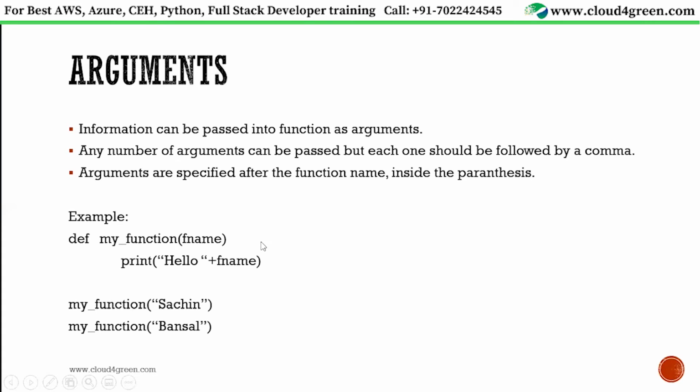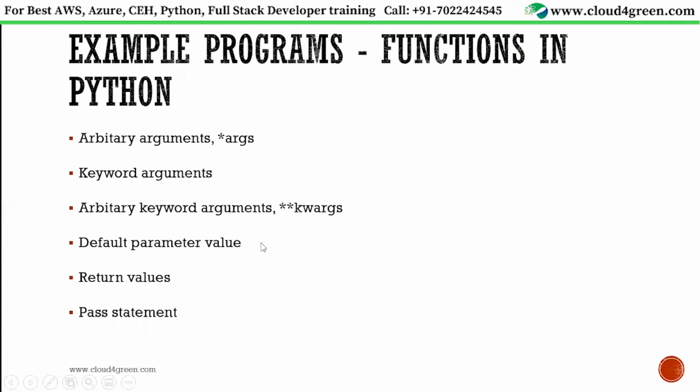Now let's look at certain example programs for explaining each one of these different topics. Let me start with the first one. It is the idea of passing arbitrary arguments. How do I pass arbitrary arguments in Python? When I said that any number of arguments can be passed, remember it can be a complete list of arguments which I am going to be passing.